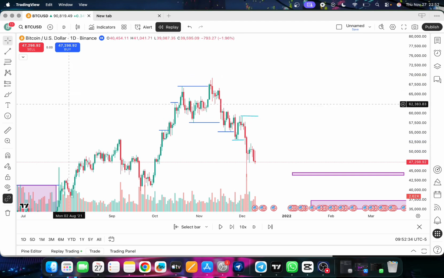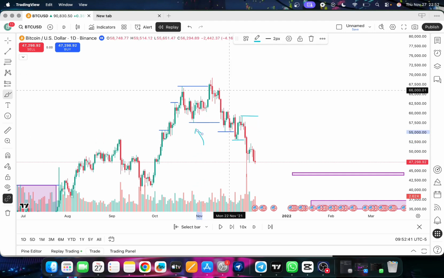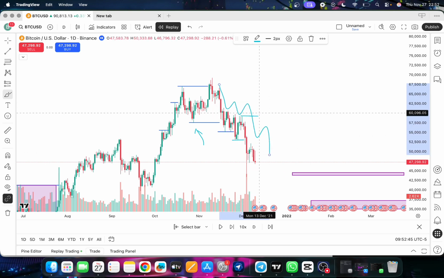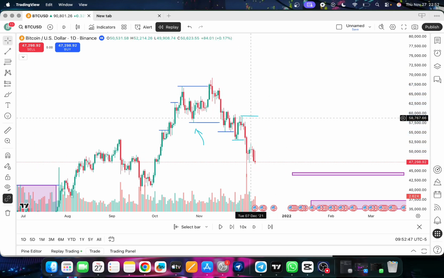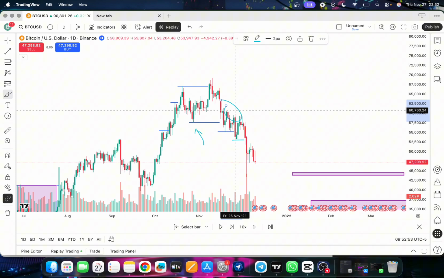And you would have identified when it took out this low here, when price came down, retraced, and started making lower lows here, you would be looking for shorts here, on the second one.